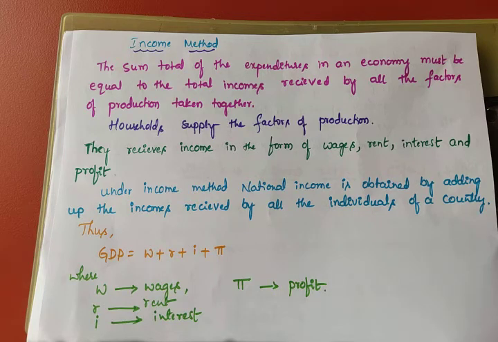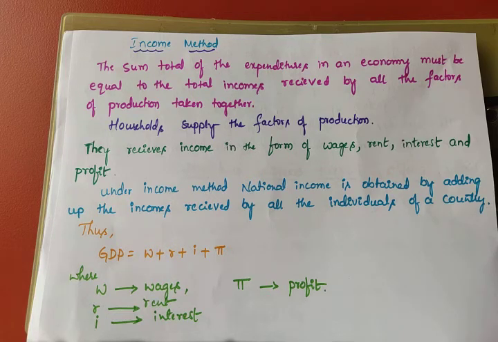When we calculate national income under these three methods, we should get the same values, whether income method, expenditure method, or product method or value added method. That is what we can observe in the next class, a numerical example of three methods. Okay, up to this, income method.